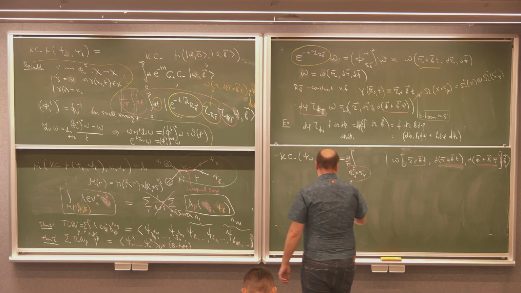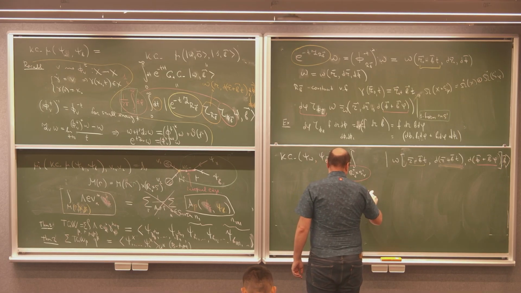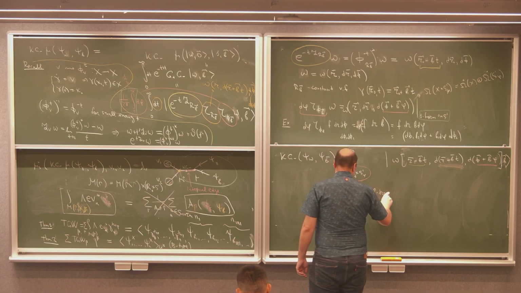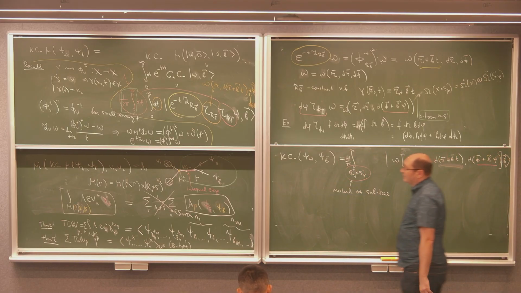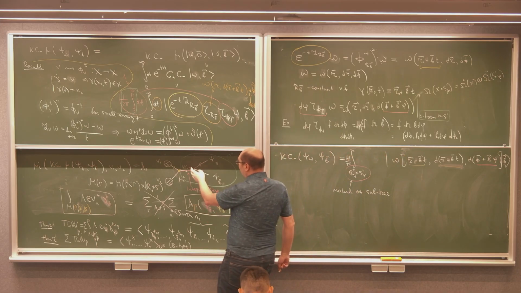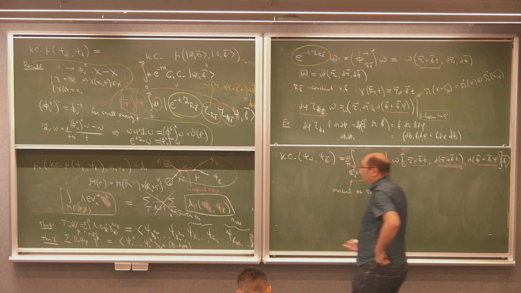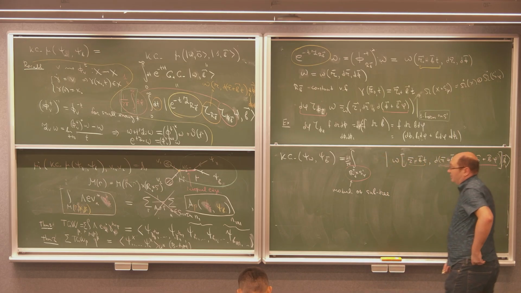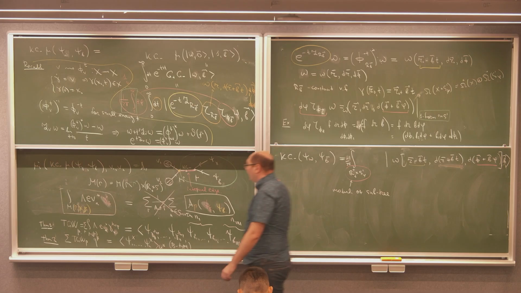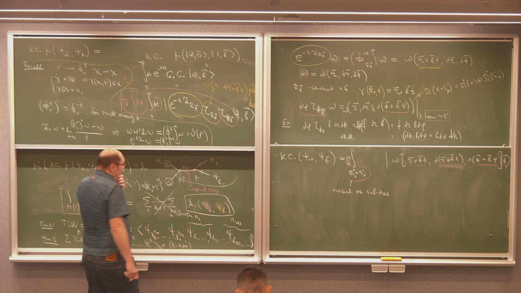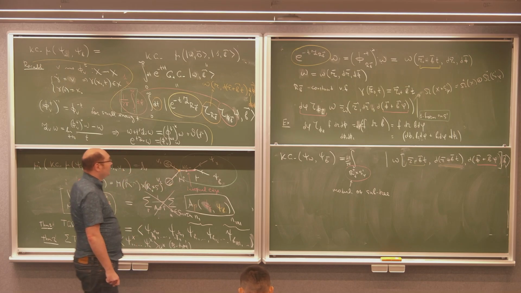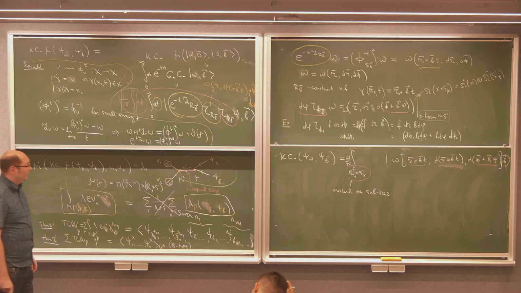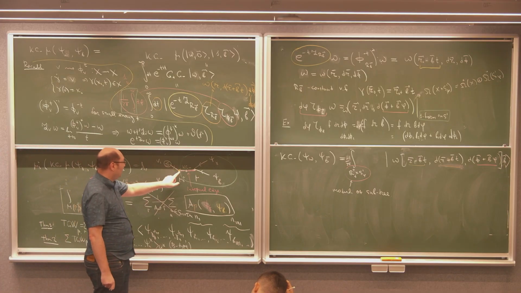So that is the moduli of the subtree. And when we integrate over moduli, we need to integrate something over moduli.